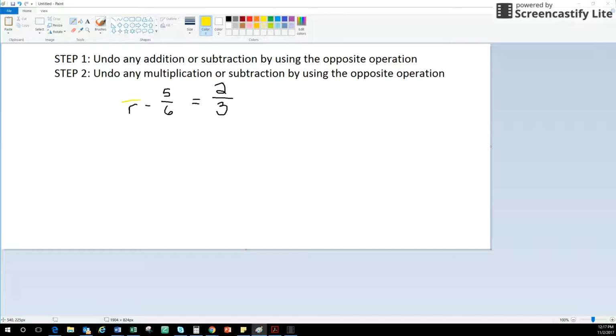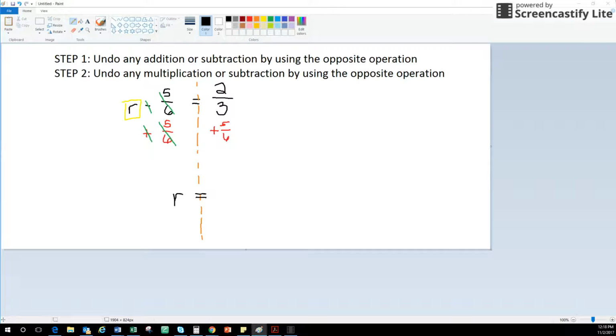So I see I'm trying to solve for the variable R. I put in my reminder that whatever happens on one side of that dotted line has to happen on the other. And I see subtraction. So I'm going to add 5/6 to each side. Again, the subtraction and addition of the same number ends up leaving them alone, canceling them off, I mean.